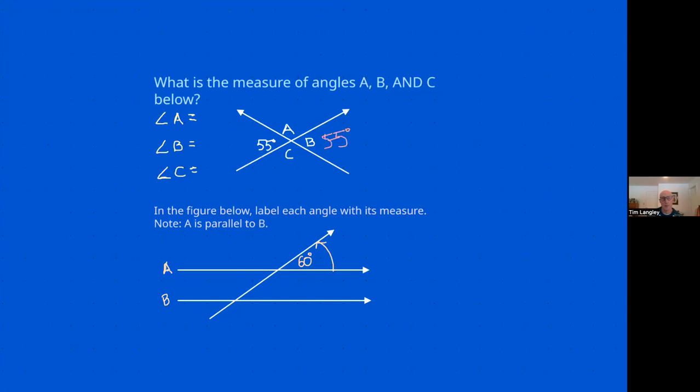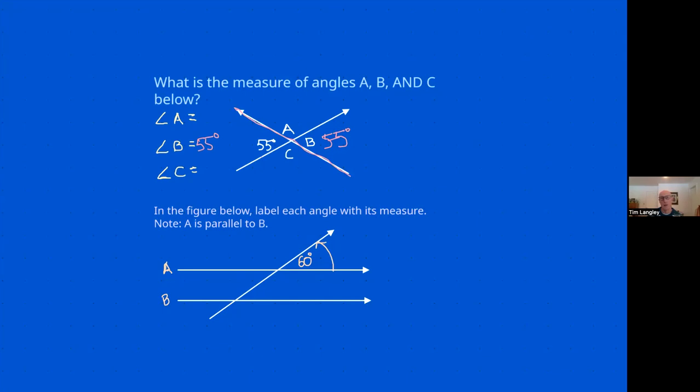Now that I know that, can you tell me what angle A is? We just did the exact same math. I'm going to give you a hint. If I draw a line down the middle here, I want you to forget about everything below that line and just think of it as just A and B here. And so there's nothing else on the screen, imagine. Okay, there's just angle A and B there. What would we do?